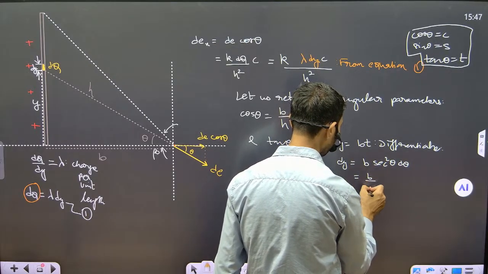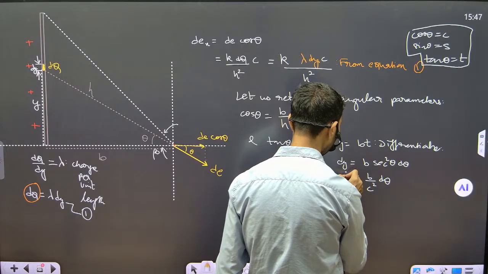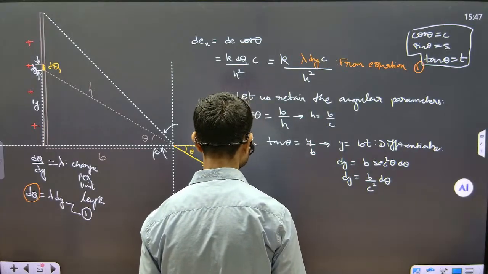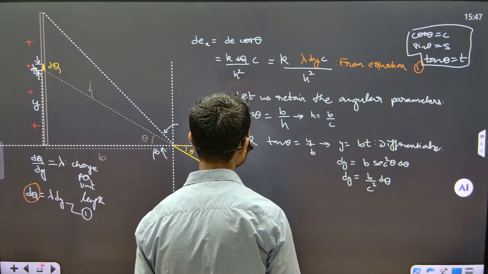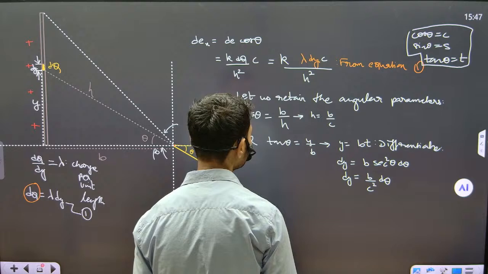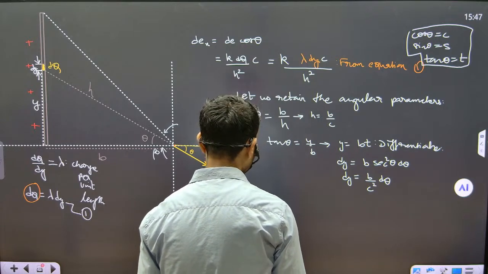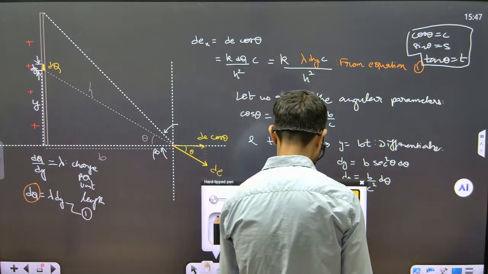That's equal to b by c square into d theta. That is dy. b by c square into d theta, right? And that value we can put it here.